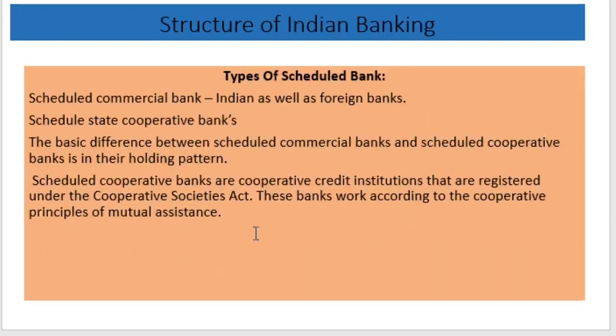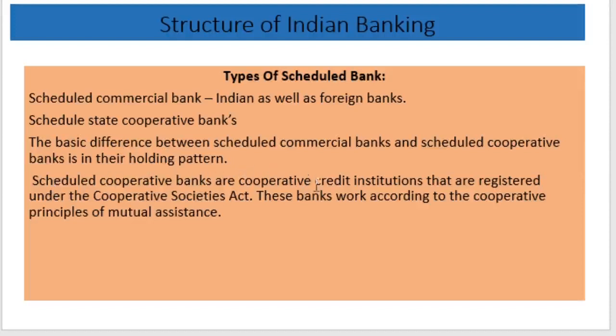Scheduled banks are divided into 2 categories: scheduled commercial banks and scheduled state cooperative banks. Scheduled commercial banks are divided into Indian as well as foreign banks. The major difference between scheduled commercial banks and cooperative banks is in terms of their holding pattern.